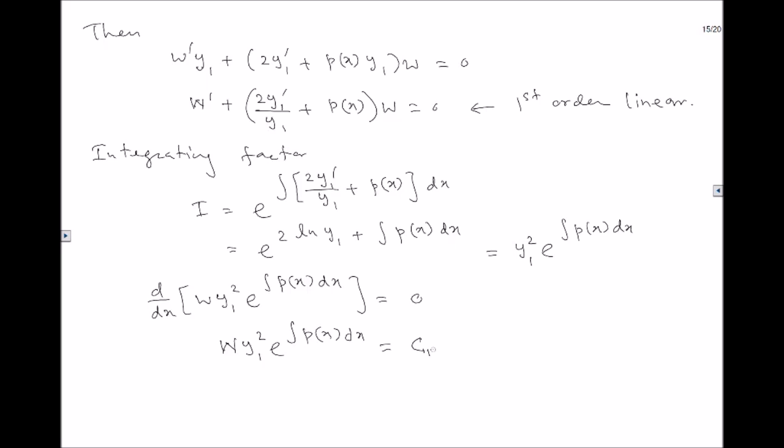Now we can solve for w. But we know that w is v prime. So if you substitute, we're going to get v prime equals a constant c1 times e to the negative integral of px dx divided by y1 squared. Now this is a derivative. To get v, we can integrate both sides.